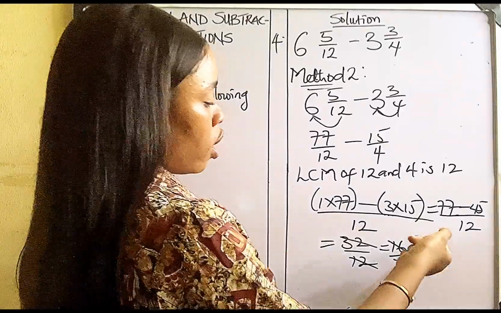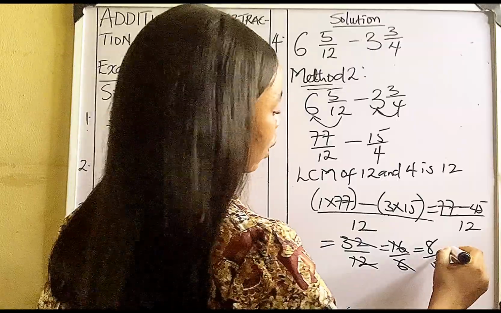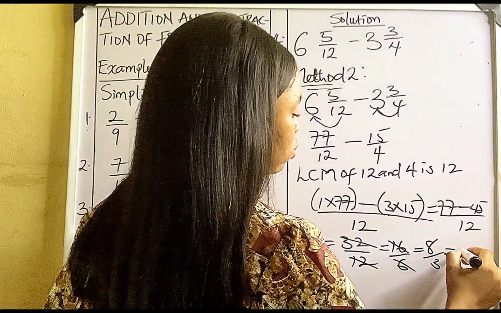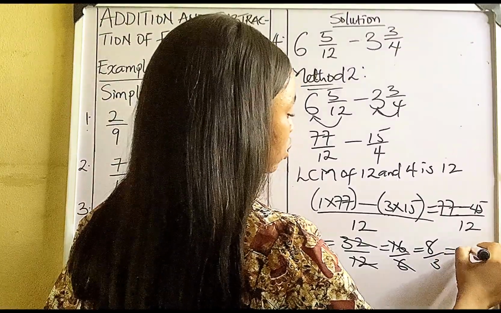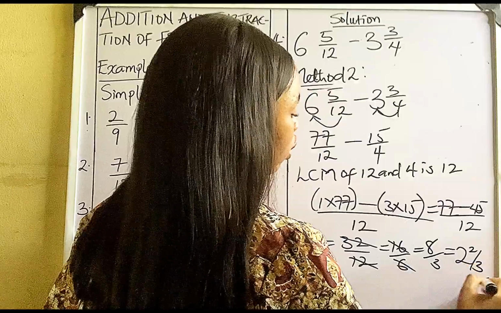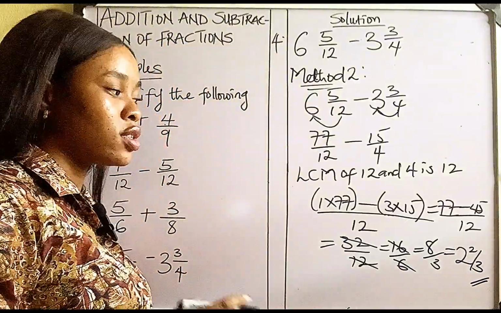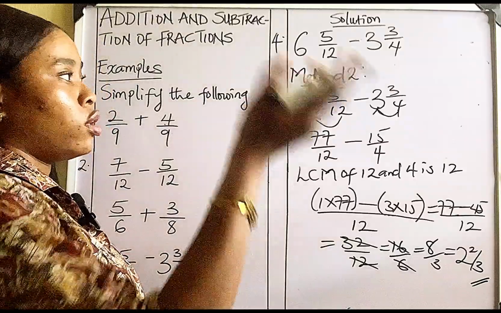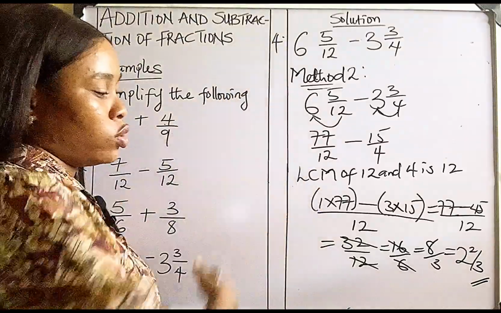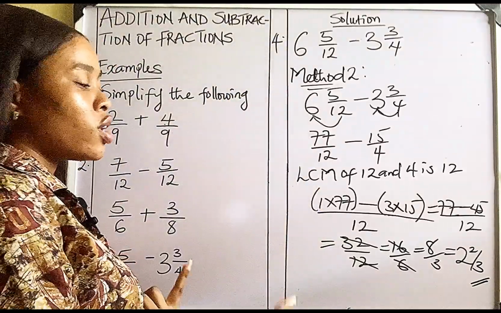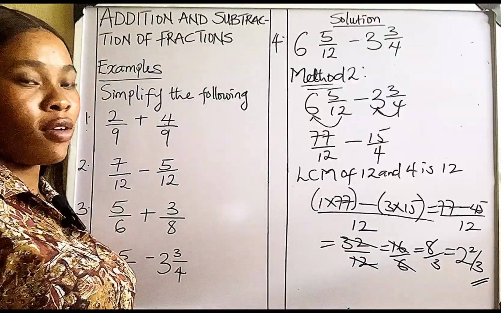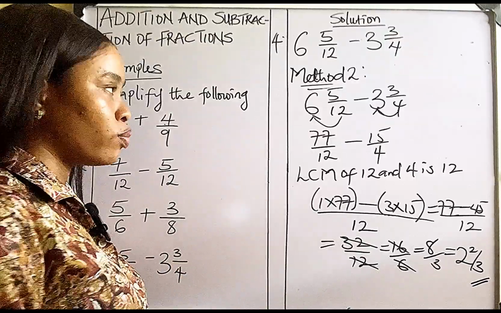So 3 going into 8, that is 2 times, remainder 2, so 2 whole number 2 over 3. And if you check very well, you see that it's giving us the same answer we got using method 1. So whichever method is easier for you, you are good to go.